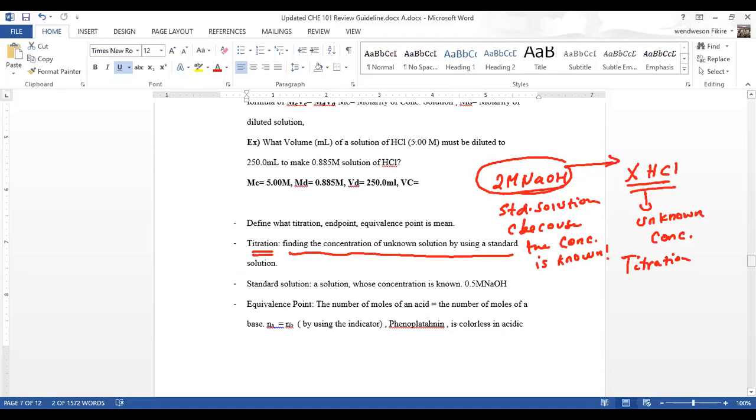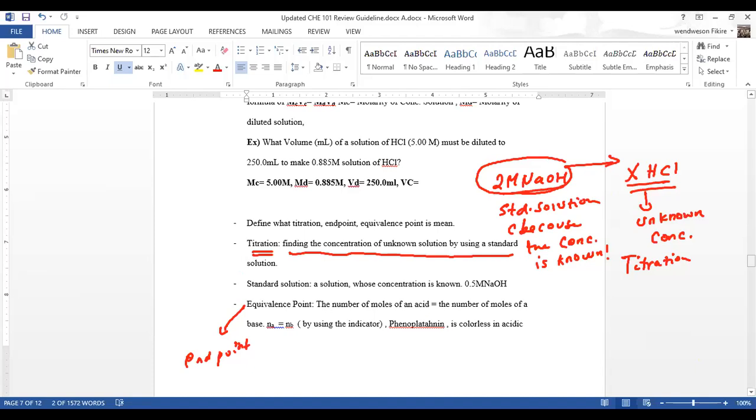Then we have equivalence point, or sometimes end point. There is a slight difference between equivalence point and end point. Theoretically, they're the same. Practically, they are not the same. End point is a practical word. Equivalence point is a theoretical word.